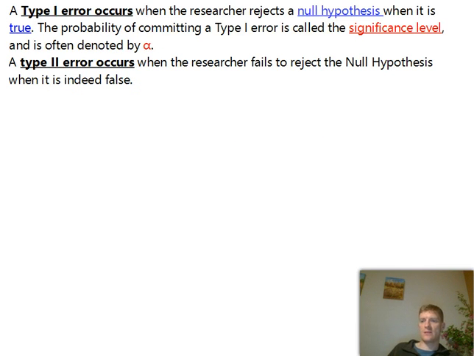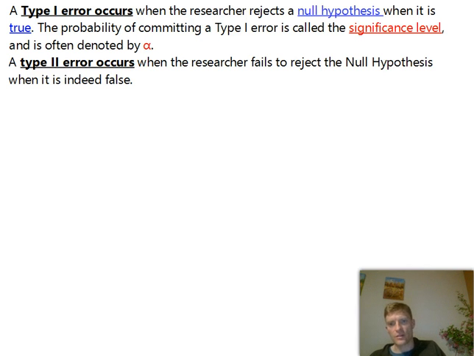So these errors are categorized in two ways. They're called a type 1 error and a type 2 error. The type 1 error is defined in this way. When the researcher rejects the null hypothesis, maybe from his statistical test he got enough evidence to conclude, hey, I can reject the null hypothesis and accept the alternative hypothesis to be true.